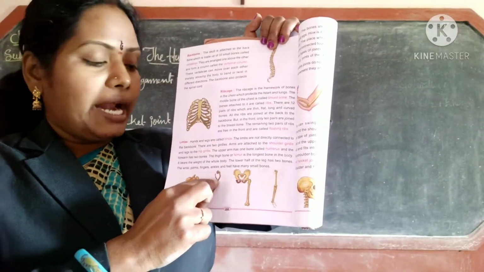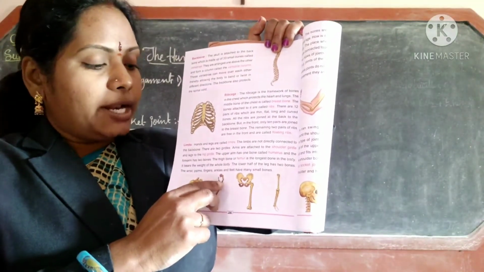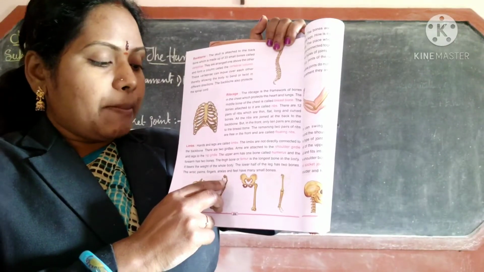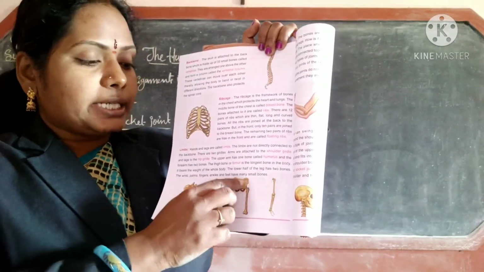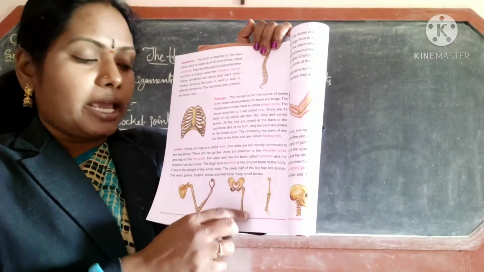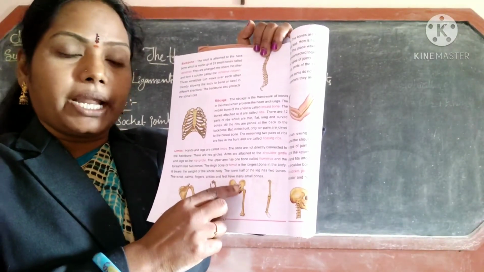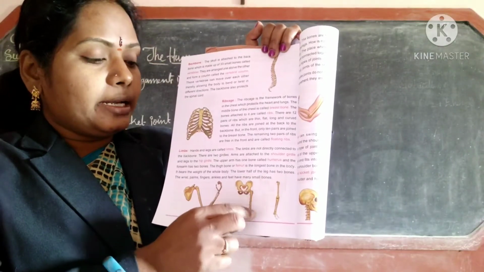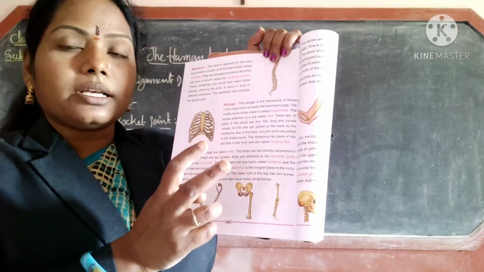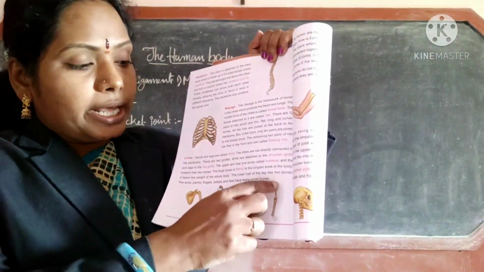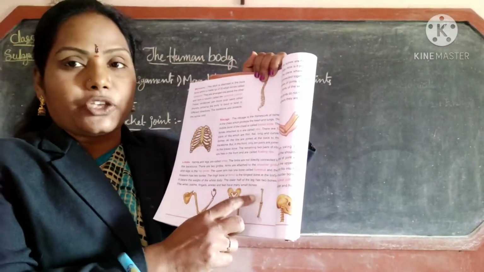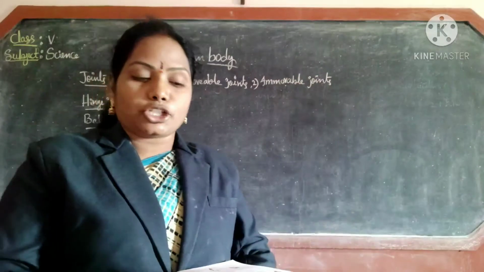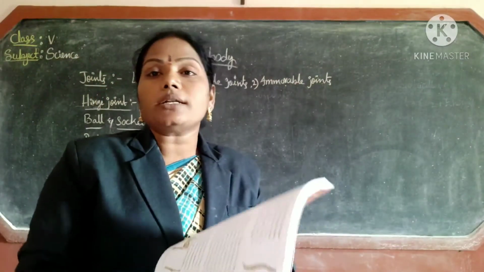Here the lower arm has 2 bones and the wrist has many bones. Palm and fingers have many bones. Next, the hip girdle. Here the thigh bone is attached to the hip girdle, and the lower leg also has 2 bones. You can see the picture given in your textbook, page number 206.